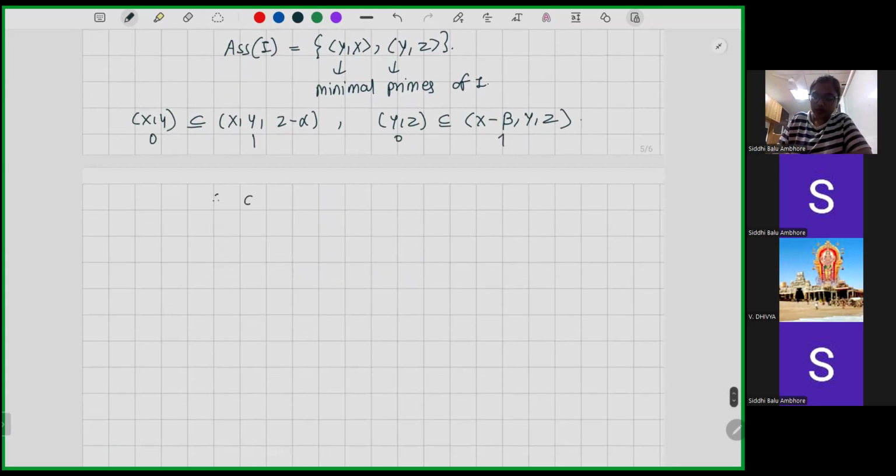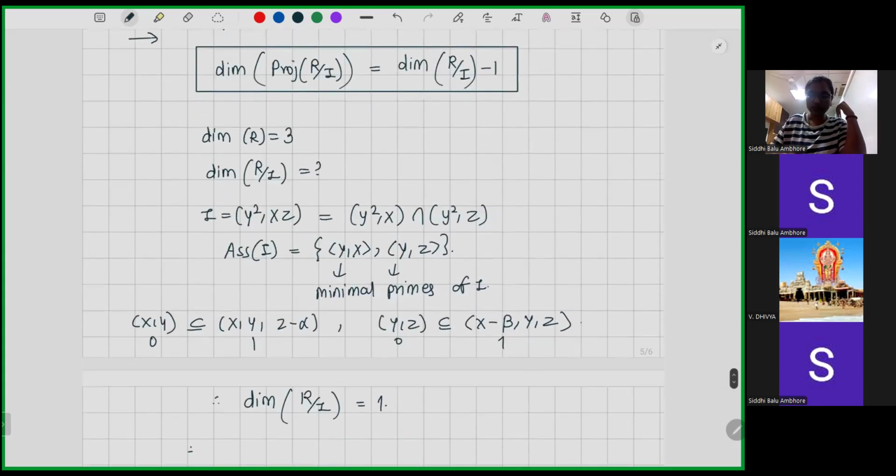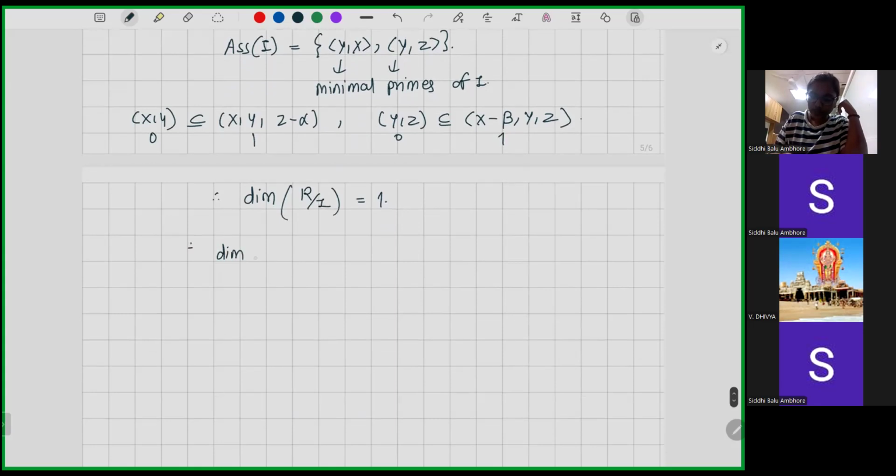So therefore the dimension of R/I is 1. Okay, and therefore by this result, the dimension of Proj R/I is equal to the dimension of R/I minus 1. So this is 1 minus 1, and it is 0.